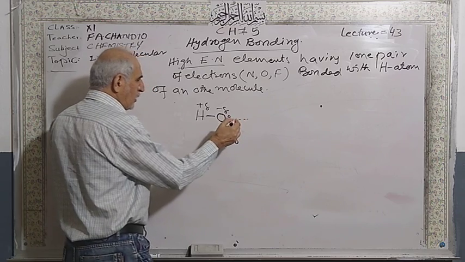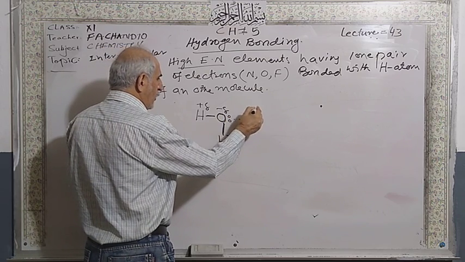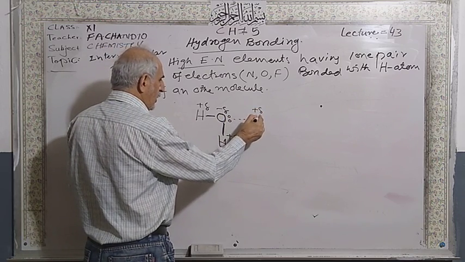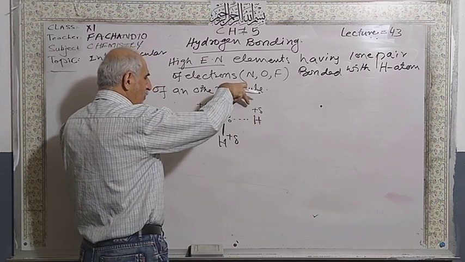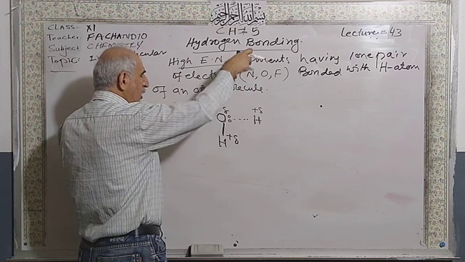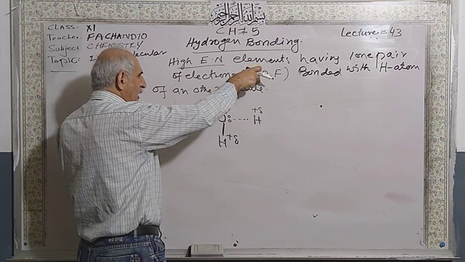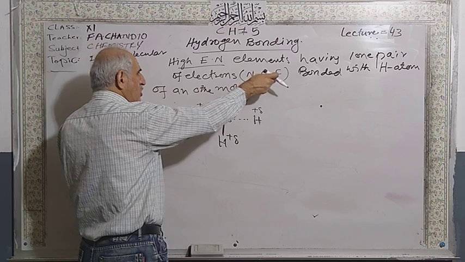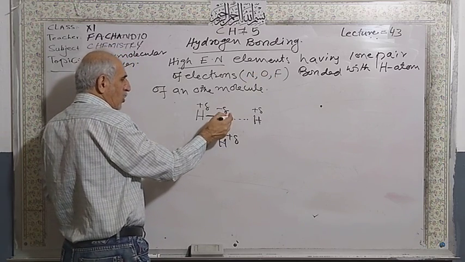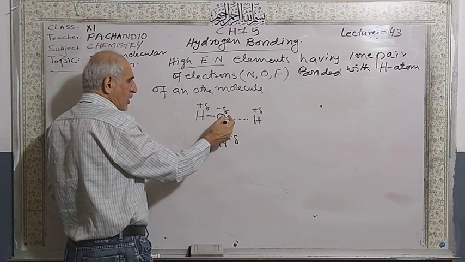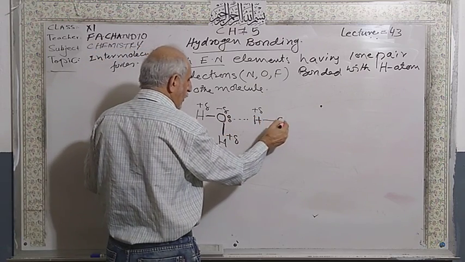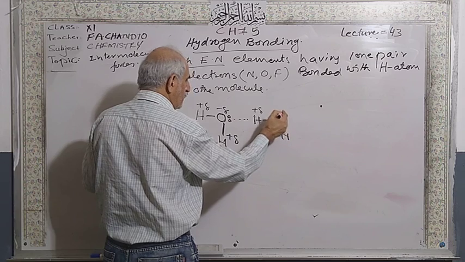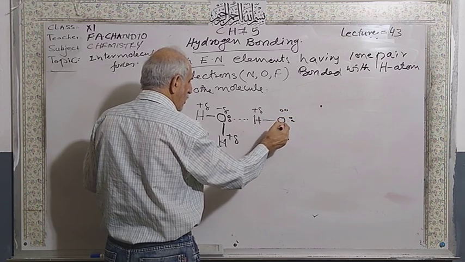It is going to be attracted to the hydrogen of another water molecule. This is the hydrogen of the water molecule. Also we call this a dipole-dipole force, but according to the definition, a highly electronegative element like nitrogen, oxygen and fluorine, by the lone pair of electrons, this is a lone pair of the oxygen, it is going to be attracted to the hydrogen of the other water molecule. Again, it is going to be formed also.